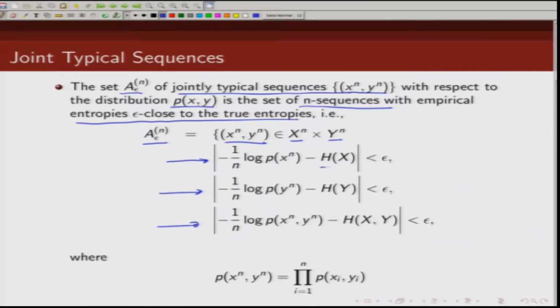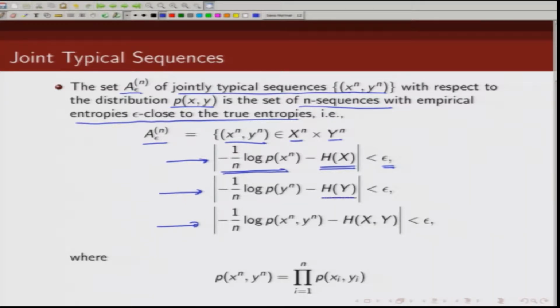So, this is the true entropy of x and this is the empirical entropy of x, and what we are saying is the absolute difference of these is less than epsilon, and that is what we meant when we said the set of jointly typical sequences with respect to joint distribution P of x and y is the set of n sequences whose empirical entropies are close to the true entropies.